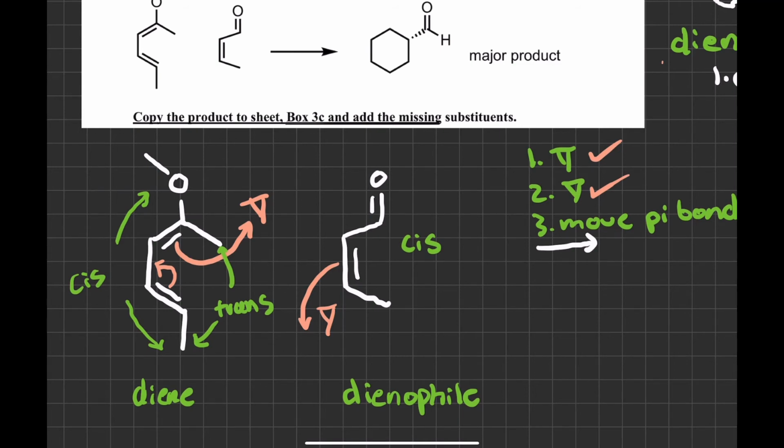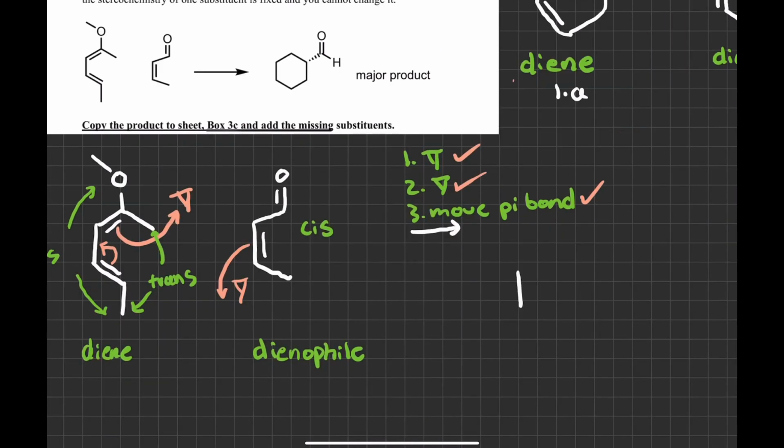So now let's make our product with this information. I'm starting with the diene backbone, just drawing out this structure right here. And for now, as we are drawing this, we're not going to mind stereochemistry, as we're just trying to get the skeleton of the structure down. So we'll still maintain our substituent here, and our methyl group will get out of the way so that the newly formed sigma bond between the diene and dienophile can exist.